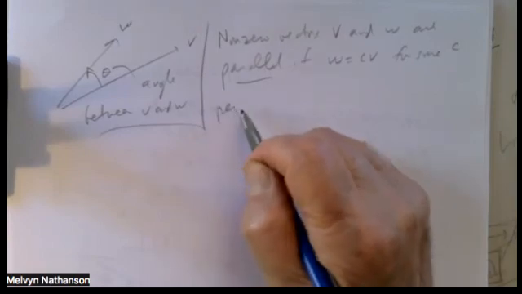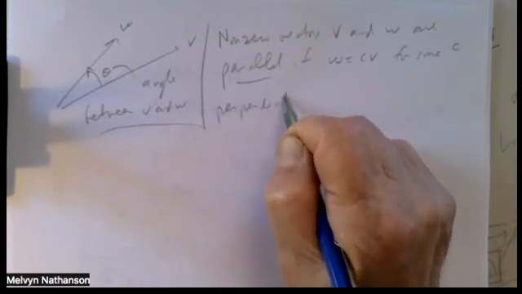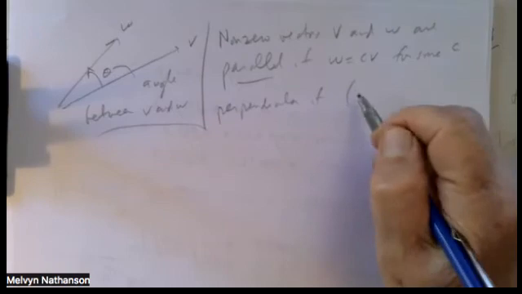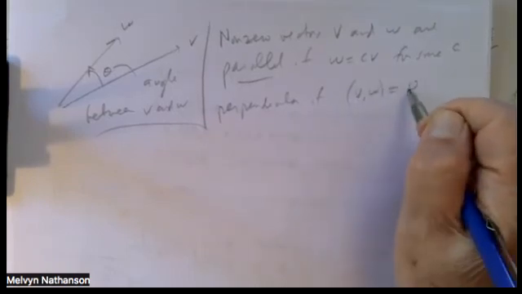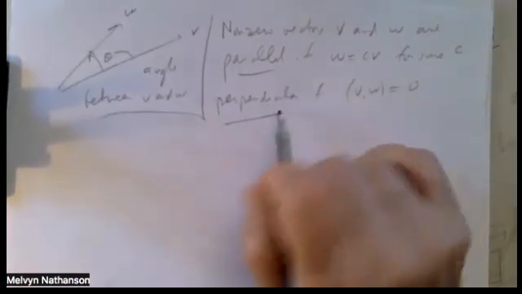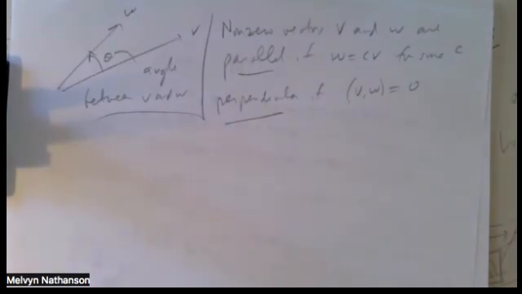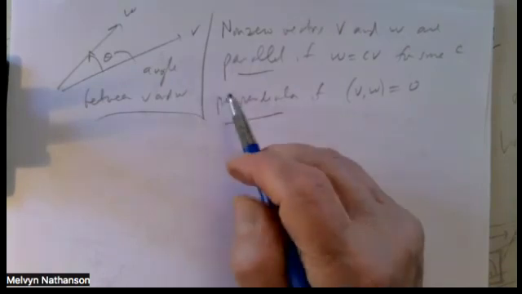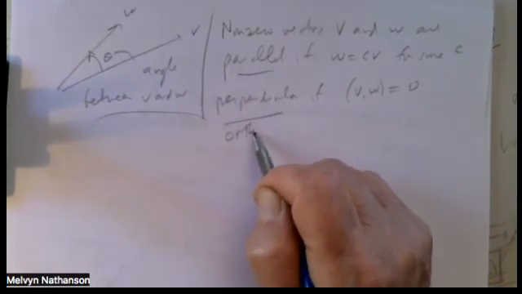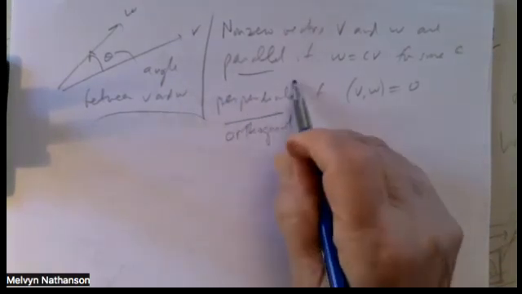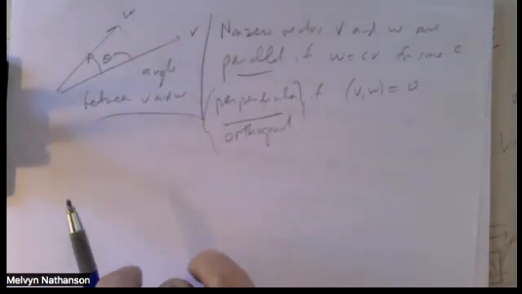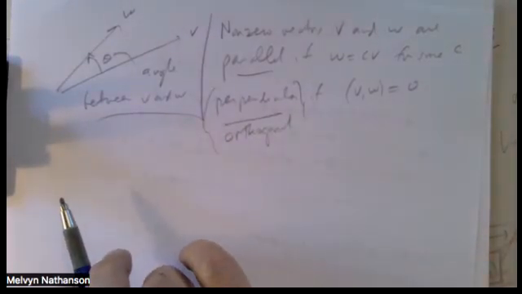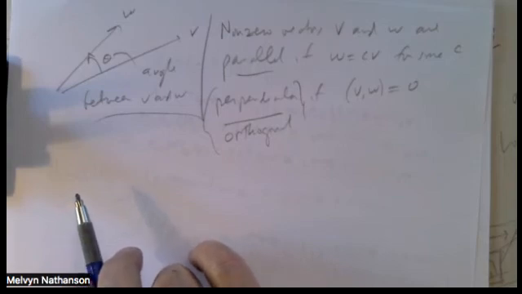And perpendicular if the inner product of the two non-zero vectors is 0. So this is a definition of parallel and perpendicular, and a synonym for perpendicular is orthogonal. So two vectors being orthogonal means the same as perpendicular.